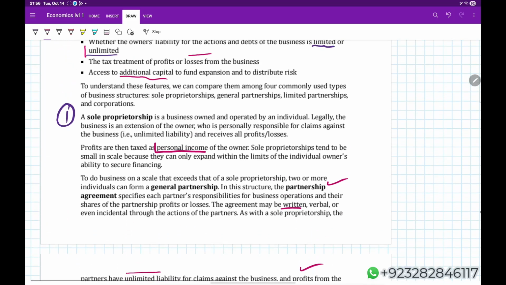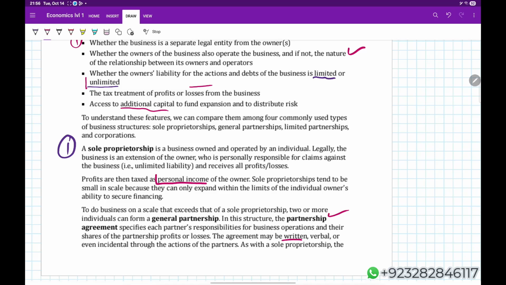And the last point, access to capital. When I compare the general partnership business with the sole proprietorship business, clearly the partnership business will have more access to capital because there are different partners. In sole proprietorship, only a single owner is there, who is responsible for all the investments, all the losses.